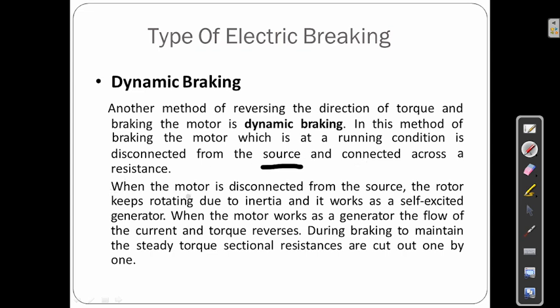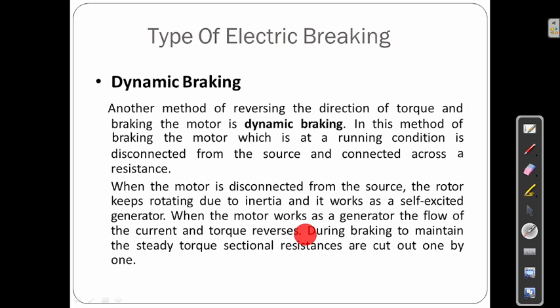When the motor is disconnected, what will happen? When the motor is disconnected from the source, the rotor keeps rotating due to inertia, and it works as a self-excited generator.